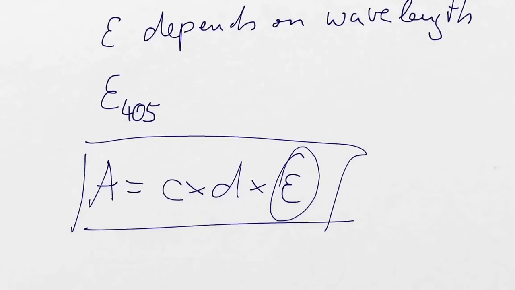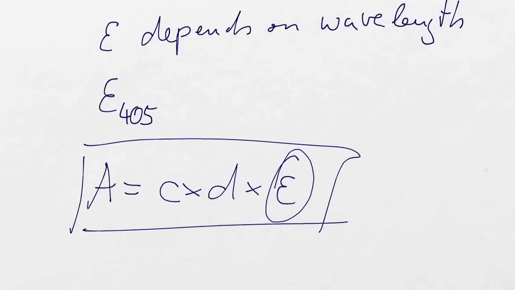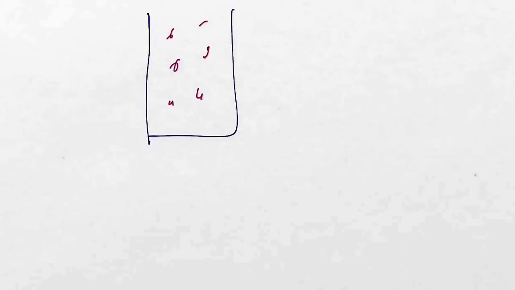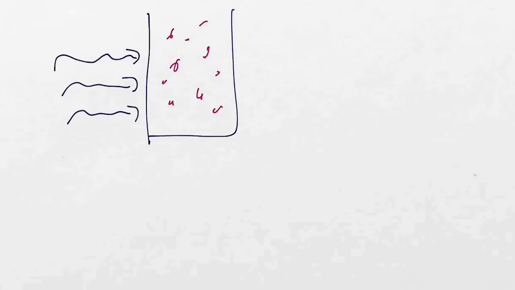Right. Now what you can do is, if you don't know the epsilon, you can do something really funny. What you do is, you take your substance, and you shine lights through it and see at which wavelength the substance absorbs.